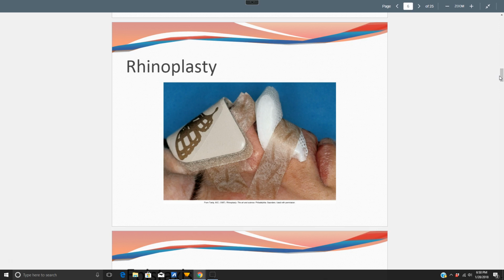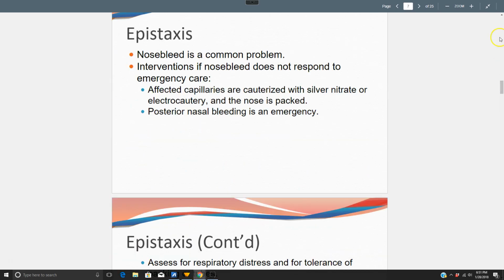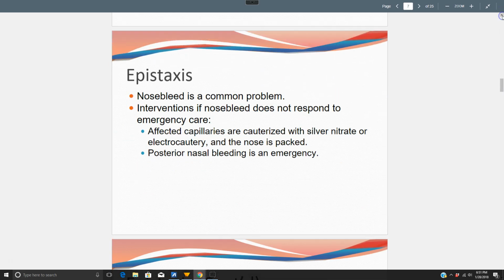Okay. The next thing that we see with these patients that they could have is a nasoseptoplasty, and that's basically a submucosal resection.